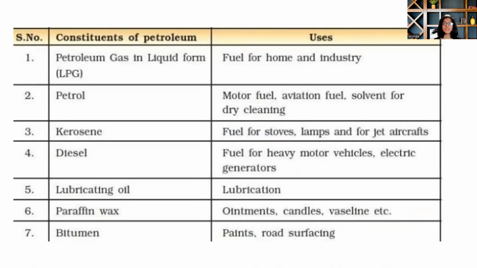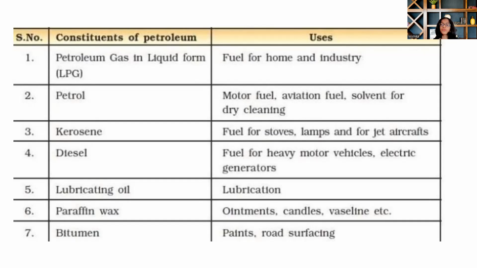Petrol is used as motor fuel, aviation fuel, and solvent for dry cleaning. Whereas kerosene is used as fuel for stoves, lamps, and for jet aircrafts. Diesel is used as fuel for heavy motor vehicles. It is also used for electric generators.